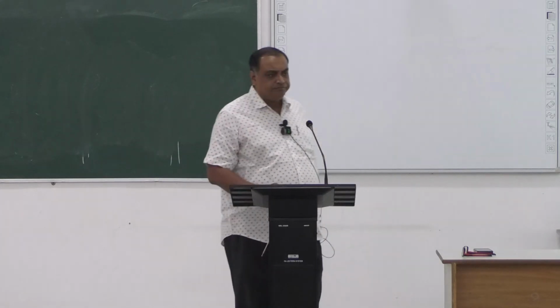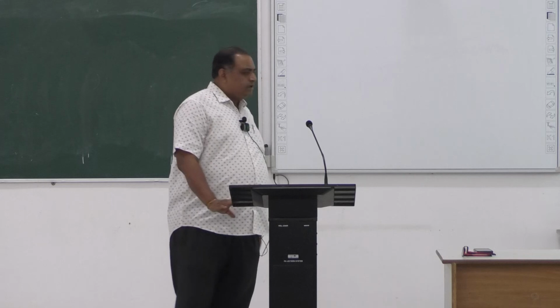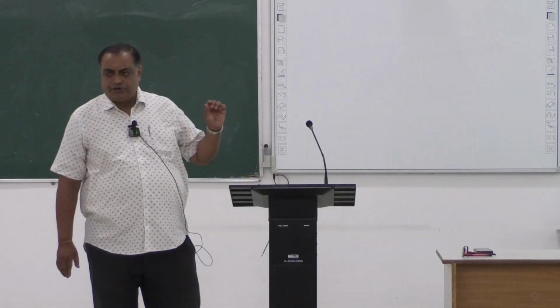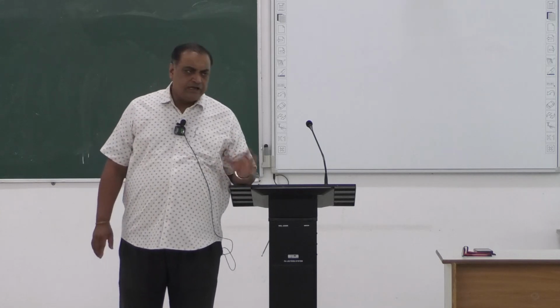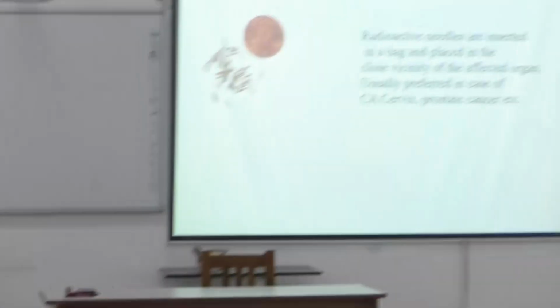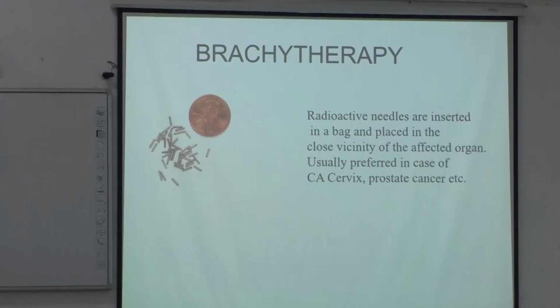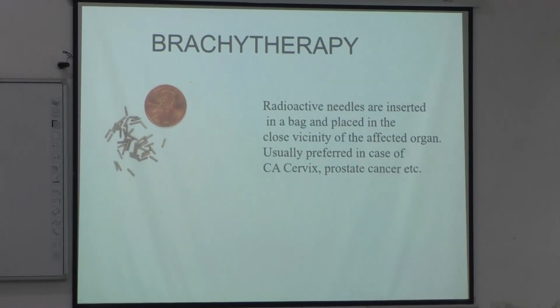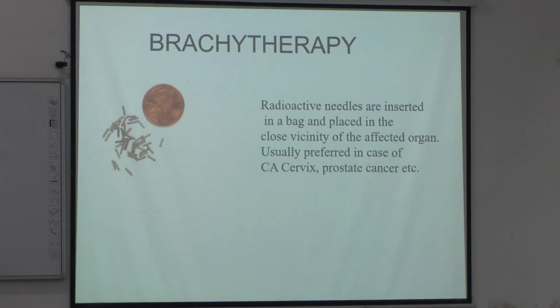How does it look like? Usually, the small radioactive elements, needles, are imported. In India, it comes from BARC. They send it in a large lead box. Inside there will be a small amount of radioactive element, which will be divided into a few needles, 2 to 3 needles per pouch.